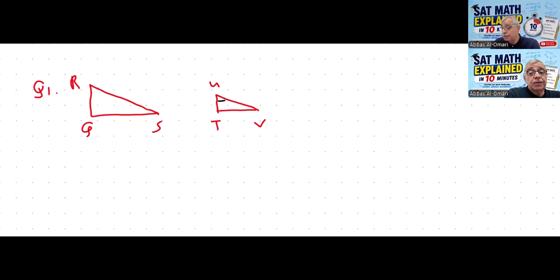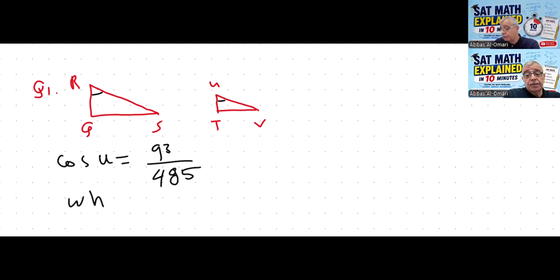So cosine U equals 93 over 485. So what is cosine R? Angle R.